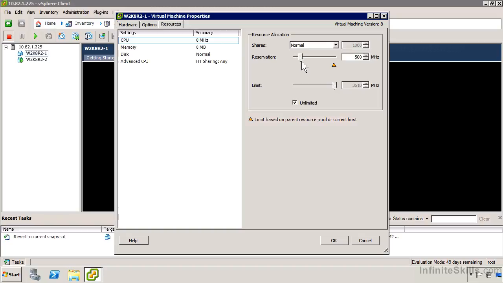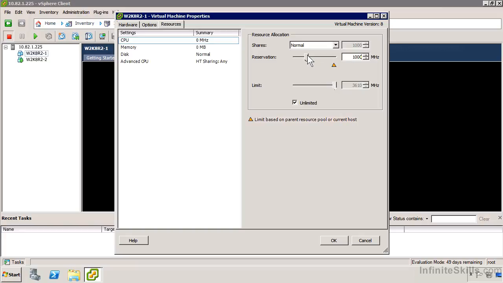For example, if I want this machine to always have a minimum of 1000 megahertz of CPU, that means VMware is going to, whether this virtual machine needs it or not, set aside that number of cycles to provide that virtual machine with that amount. And if it can't provide those resources, it's not going to allow virtual machines to be started. Either this or other virtual machines that try to reserve those resources won't be allowed to be started.